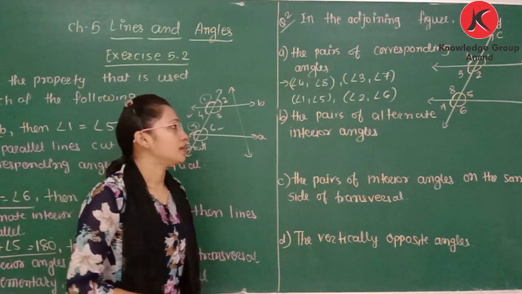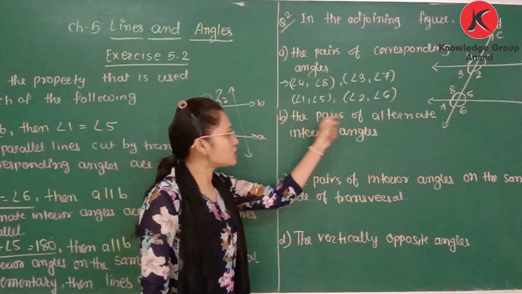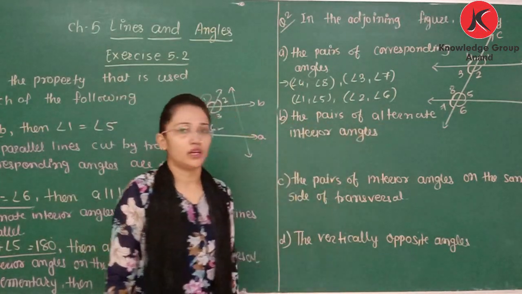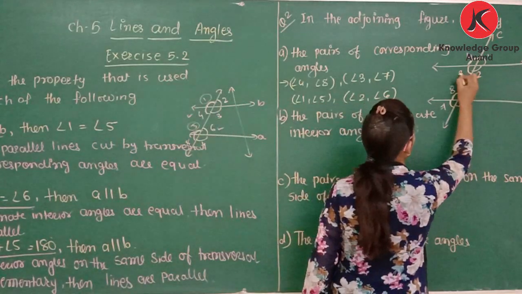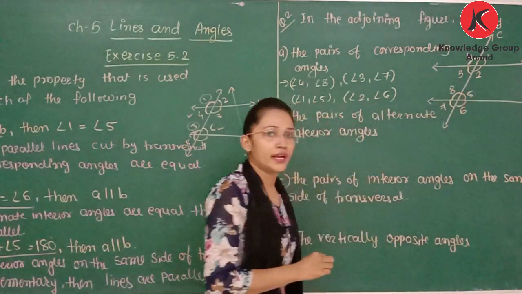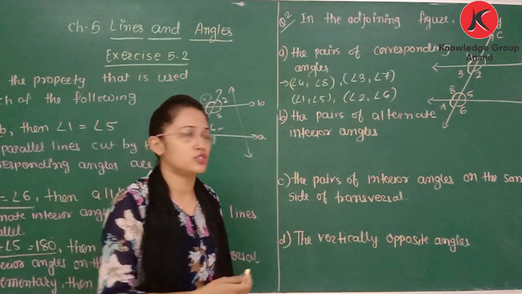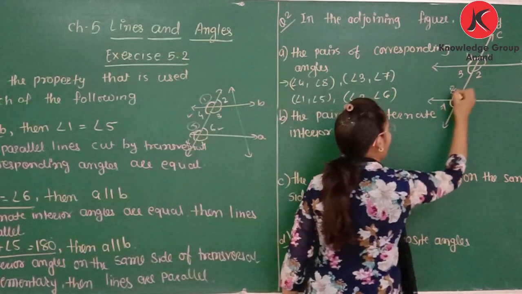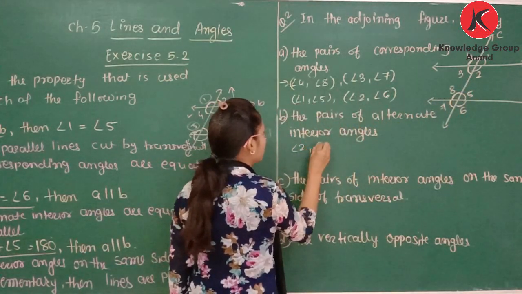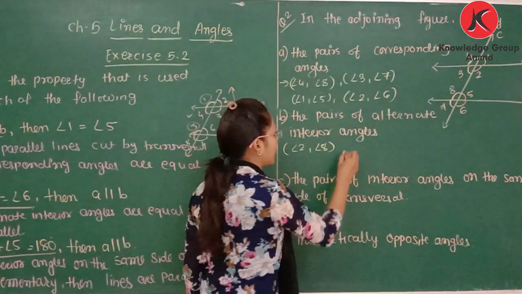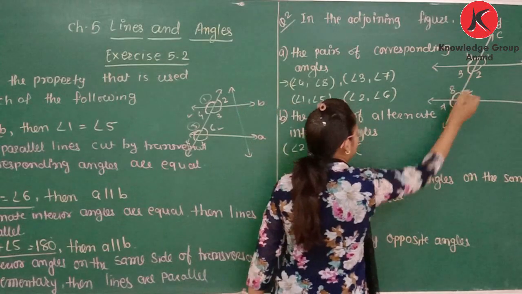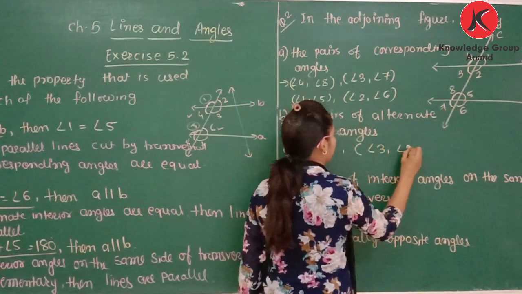Clear? Now the next one: the pairs of alternate interior angles. Interior angles are here: 4, 2, 3, 5, 8. Alternate means at the opposite position. So here 2 and 8. So we can write angle 2 and angle 8 are alternate interior angles. And the second pair is angle 3 and angle 5.